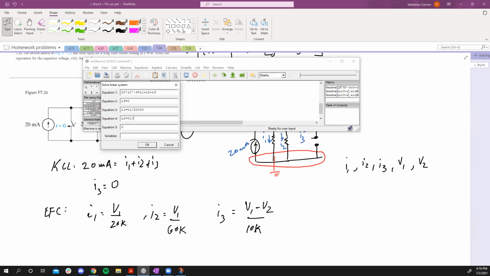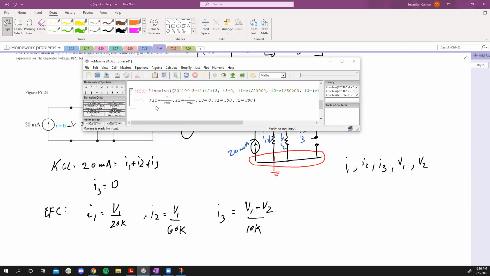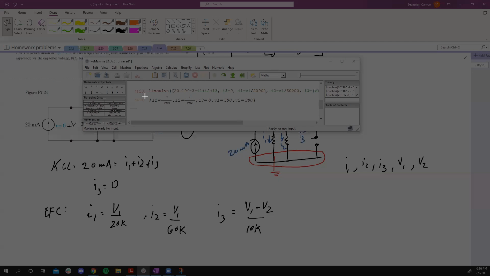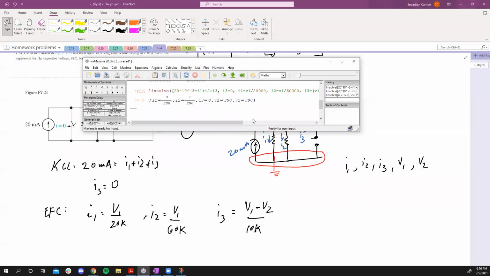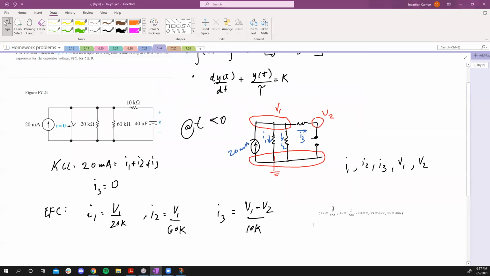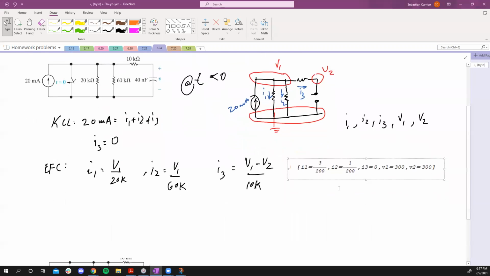I2 equals V1 over 60,000. I3 equals V1 minus V2 over 10,000. All right. So this is what Maxima gives us for time less than 0.